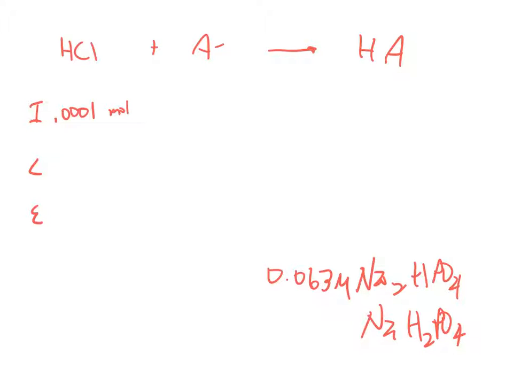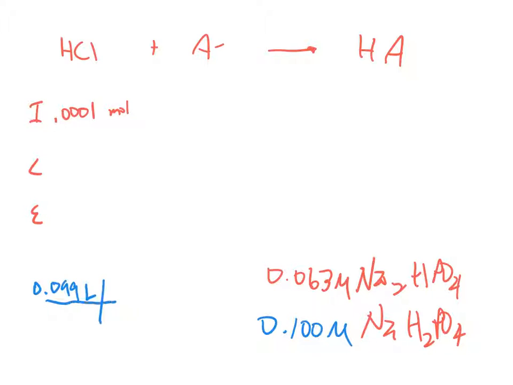Of the NaH2PO4, we had 0.1 molar. And there were 99 milliliters of each one of those. So once again, 99 milliliters is the same thing as 0.099 liters.